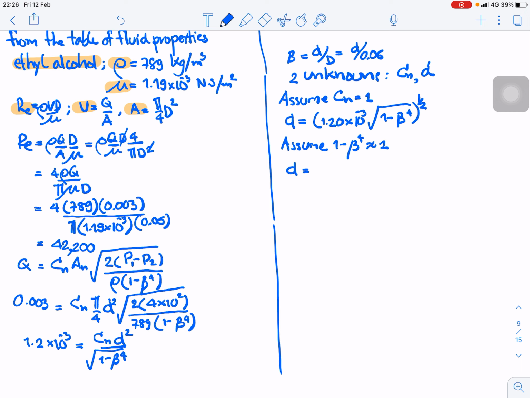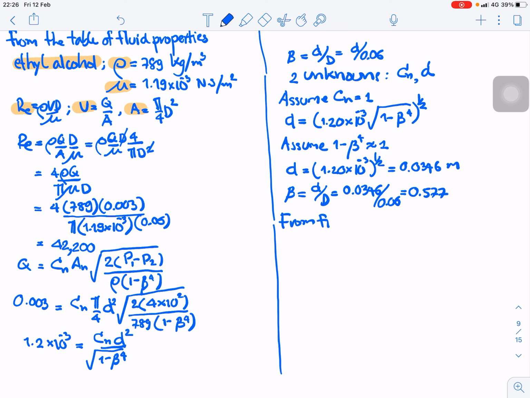So we can guess that d is about 0.0346 meter. So we can estimate beta, which is equal to 0.577. Then next we go again to the figure 19.11.